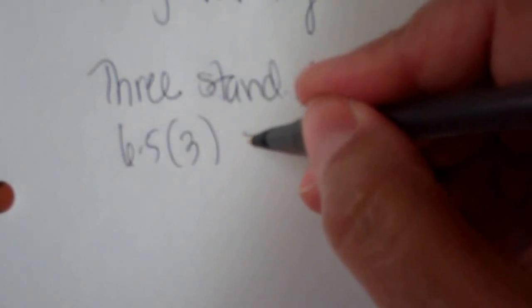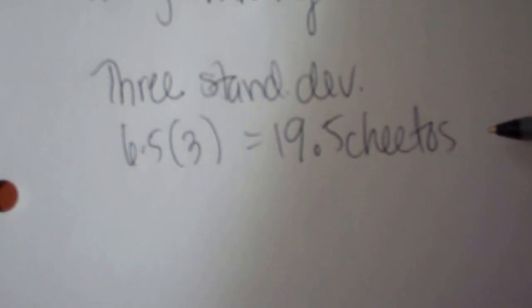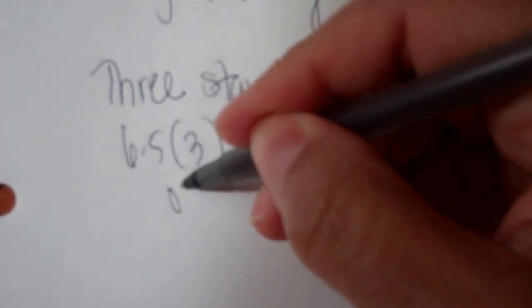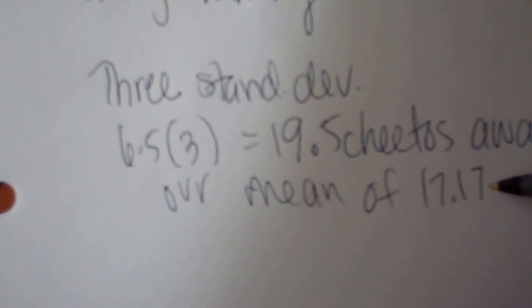We can even go further. What do you think? Yeah, you guessed it, 3 standard deviations. So 3 standard deviations is going to be 6.5 times 3, and putting in our trusty old calculator, we get 19.5, which equals 19.5 Cheetos away from our mean of 17.17 Cheetos.